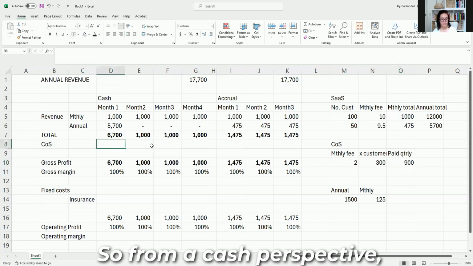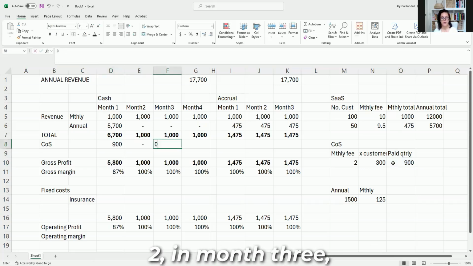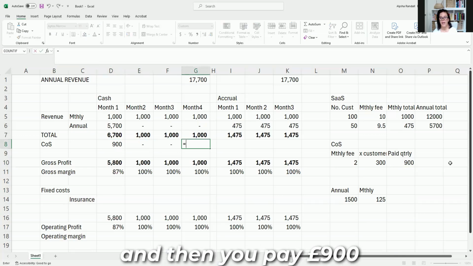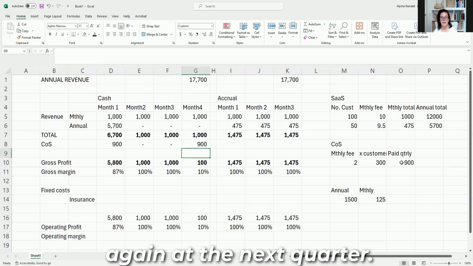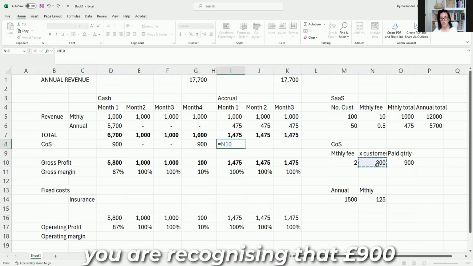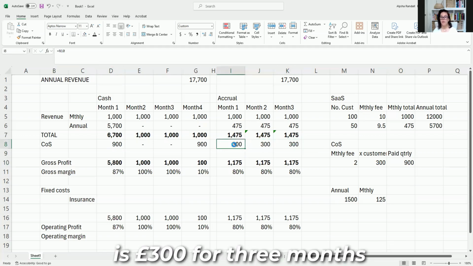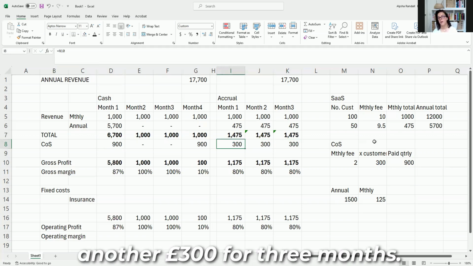So from a cash perspective, you pay £900 in month 1, then you pay 0 in month 2, 0 in month 3, and then you pay £900 again at the next quarter. From an accrual perspective, you are recognizing that 900 over the 3 months because it is £300 for 3 months, and then you pay again another 300 for 3 months.